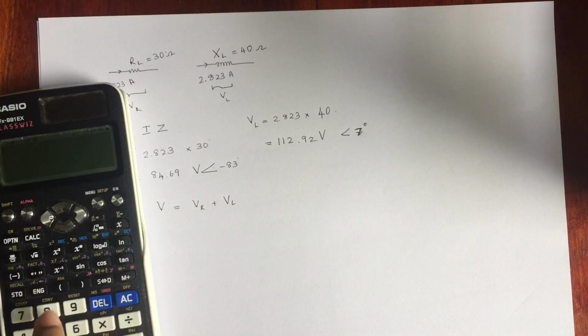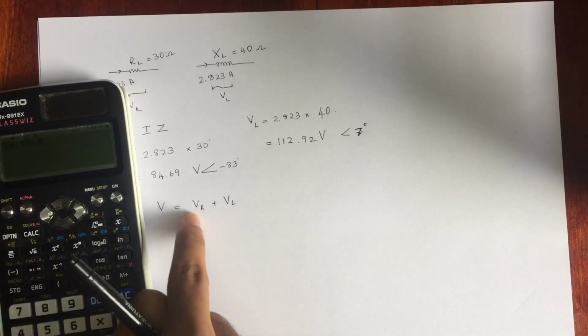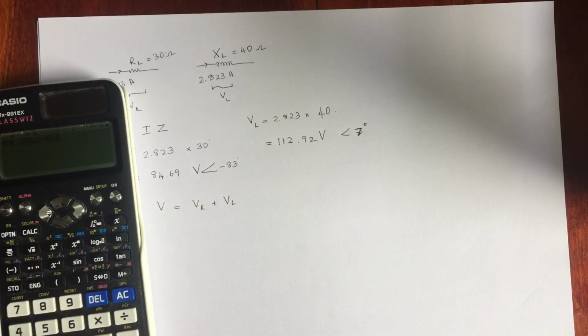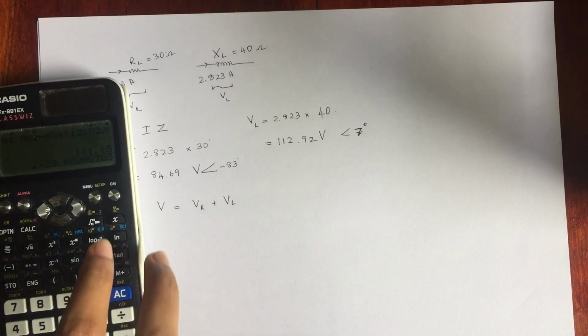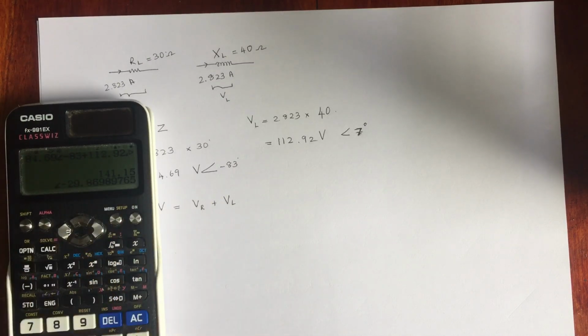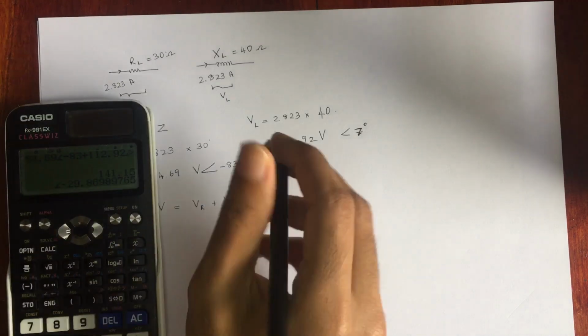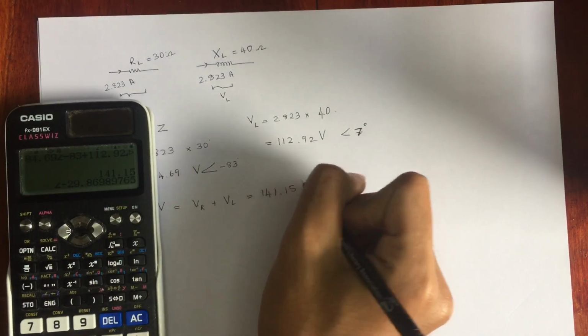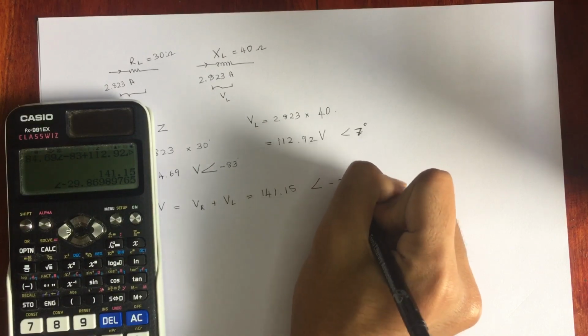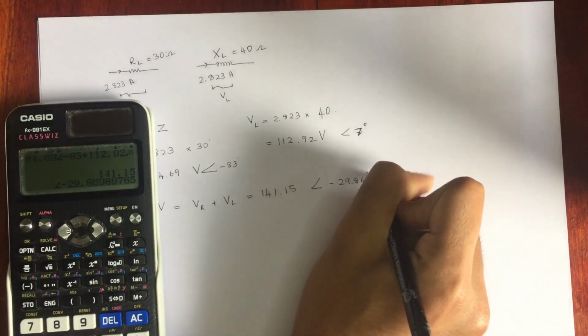So the VR part is 84.69, the phase angle would be minus 83. Okay, and I'm going to add this part, which has 112.92, with phase angle 7. If I add this, I'm going to get the value of 141.15, and the angle is minus 29.86 voltage.